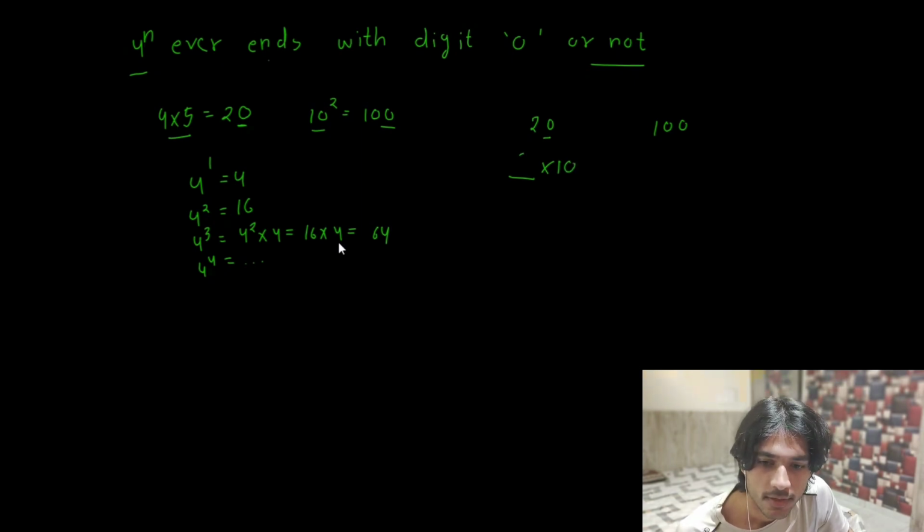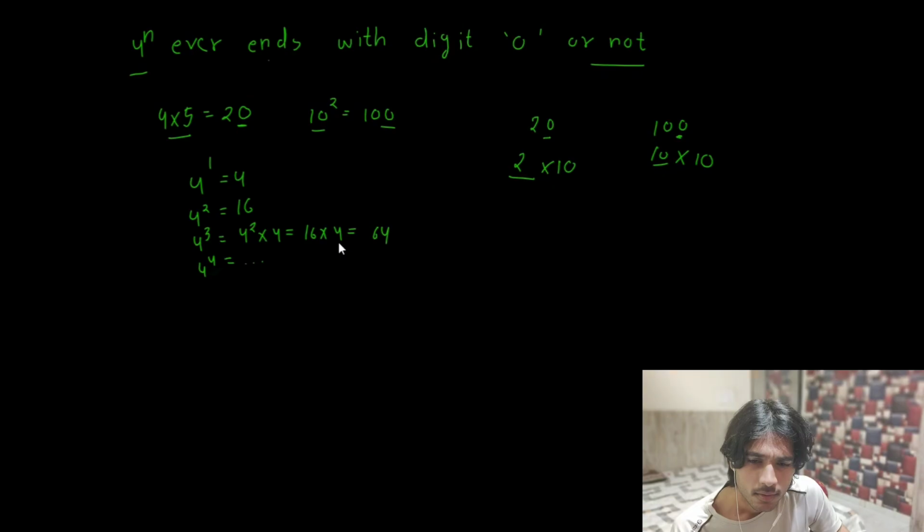In this case, it has to be 2. The number has to be 2. Here, I don't know what the number has to be multiplied with, but if it ever has to end with the digit 0, it must be multiplied by 10. And in this case, to make 100 from the multiple of 10, we have to write 10.